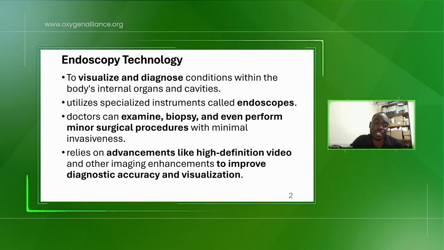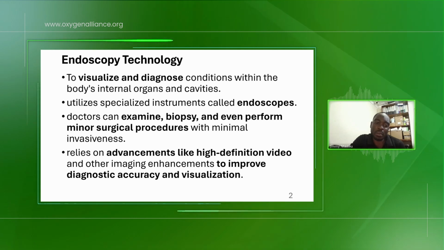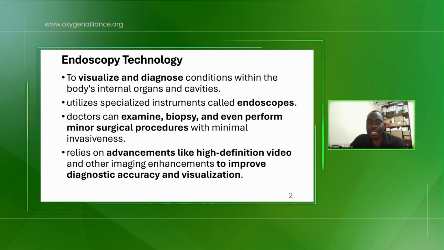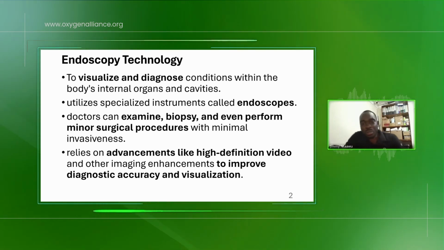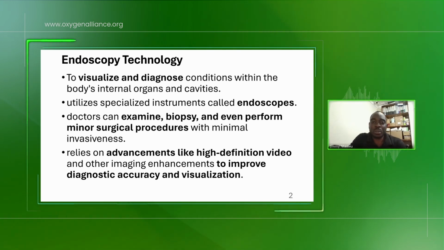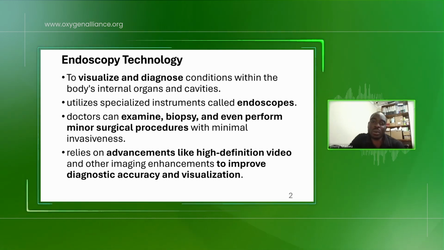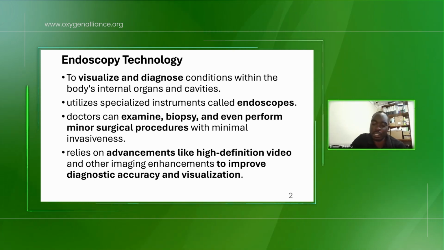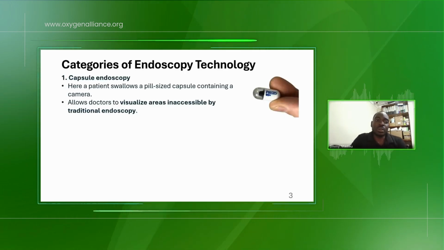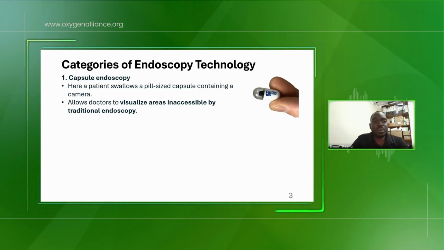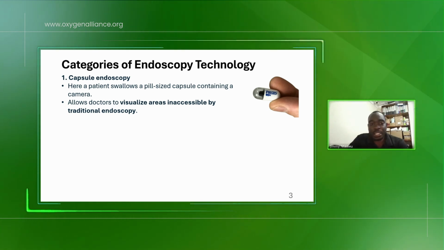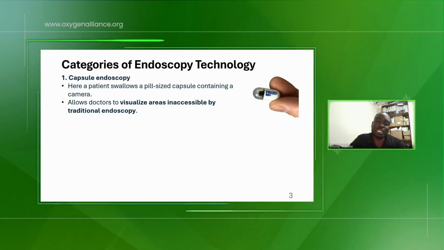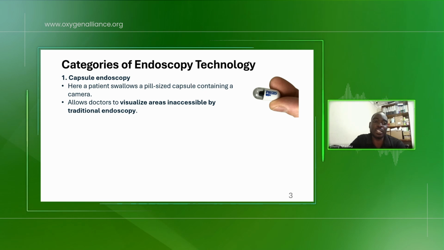So this technology employs greatly the use of videos. Endoscopes use cameras which act as our eyes when they are inside the patient. So we employ what we call monitors, and this is where we can see what's going on inside the body. We have different categories. We have what we call capsule endoscopy. Capsule endoscopy is a very small capsule. It's like a drug.